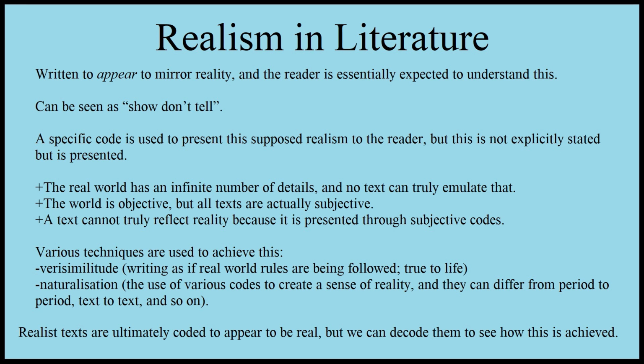So you want to look at texts and try to say, how are they being realistic and how are they not being realistic? Because remember, they're not actually real, which means that they do make mistakes or purposeful decisions that make it clear that it's not actually reality. So that's what you need to look at when you do it. So that's pretty much realism. And I think I'm going to end things there.